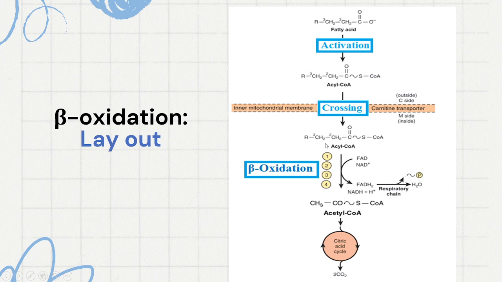Inside the mitochondria, the acyl-CoA of the fatty acid residue will undergo 4 reactions of beta oxidation to be completely oxidized to acetyl-CoA. Acetyl-CoA will proceed to the citric acid cycle for complete oxidation, while the reducing equivalents that have been produced in beta oxidation will proceed to the respiratory chain to be coupled to oxidative phosphorylation and formation of ATP.